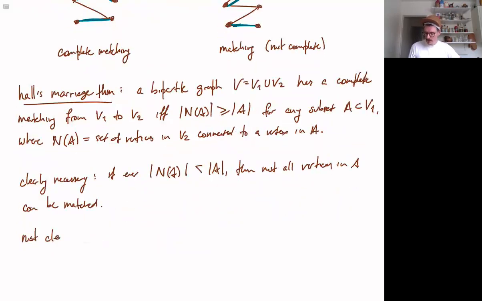It is not clear at all, but it is true that it is also sufficient. So this condition, this simple obstruction, is the only thing you need to take care of to be able to prove the existence of a perfect matching, or a complete matching.